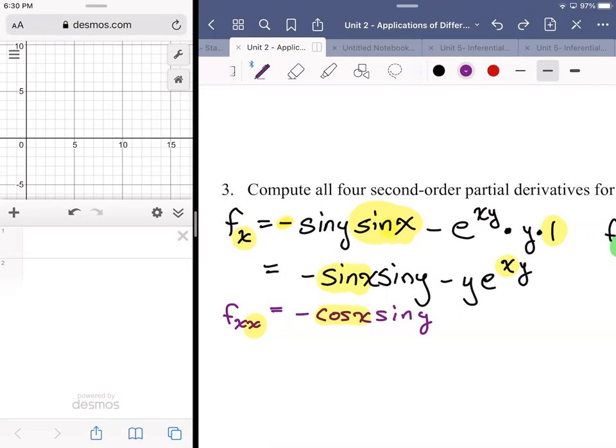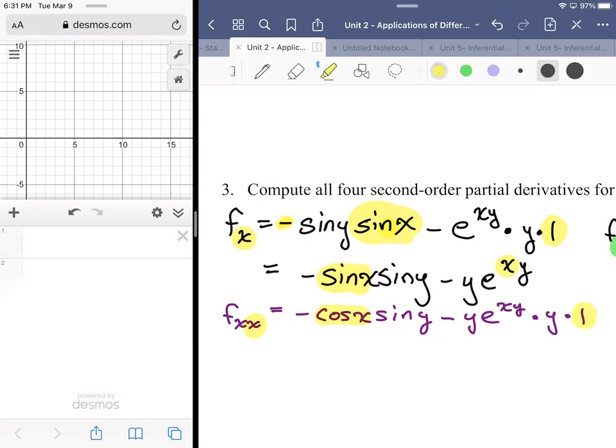So that negative y is a constant multiple of e to the xy, so it just comes along for the ride. E to the xy has a derivative of e to the xy, and then I multiply by the derivative with respect to x, which I've already played out. We did that right up here. So the derivative there would be times y times 1. Again, you don't have to write the times 1. I'm just doing it so I can highlight.